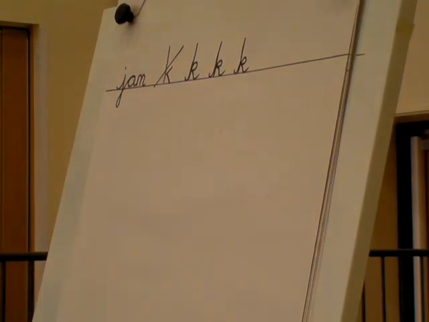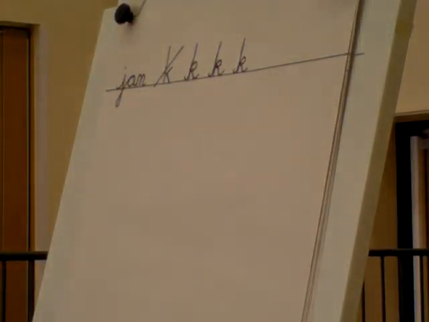Okay, that's the letter K. So it's a little flick, up to the top, down, a little loop, and then another flick to finish. Very nice. Very nice indeed. What beautiful handwriting.